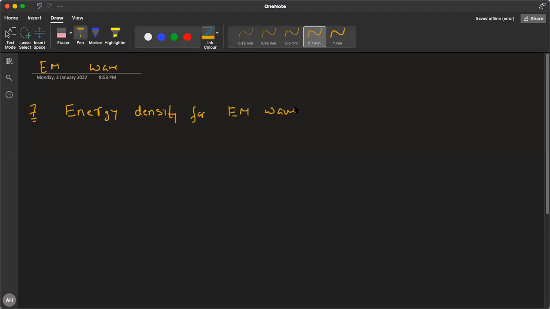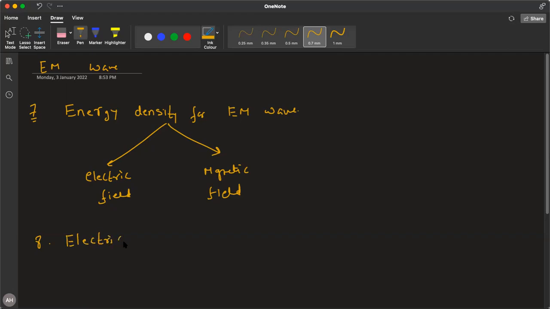One is from the electric field, and the second contribution will come from the magnetic field. First let's see the contribution from the electric field, which is known as the electric energy density.